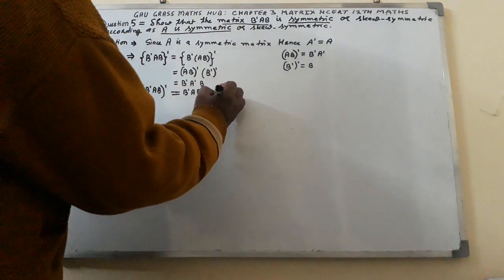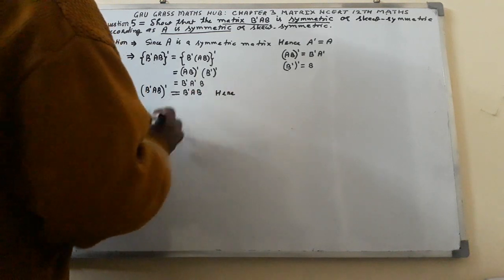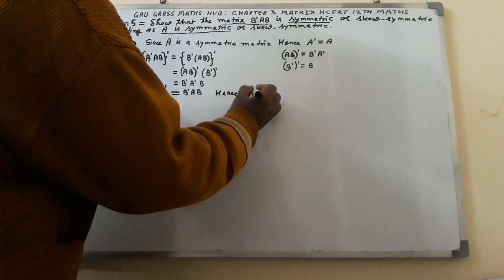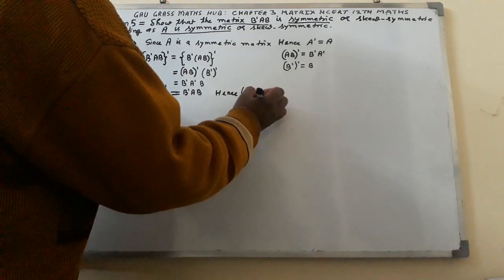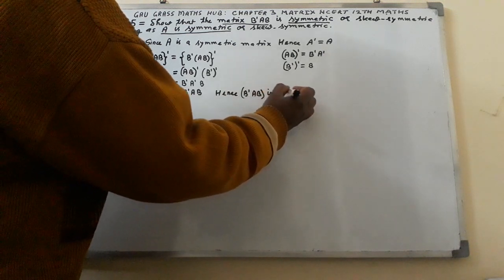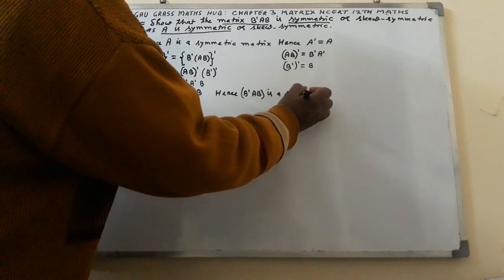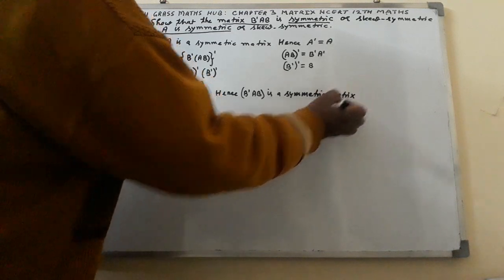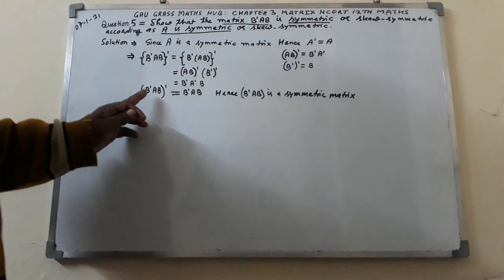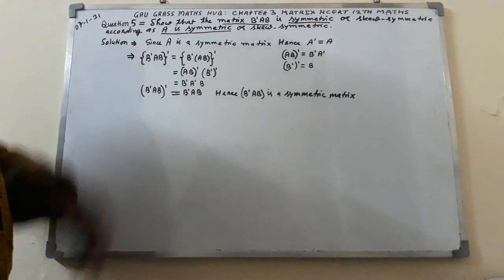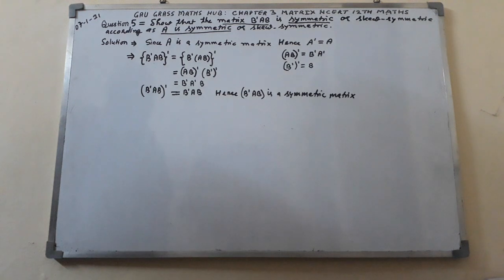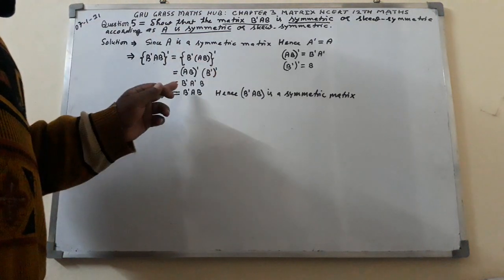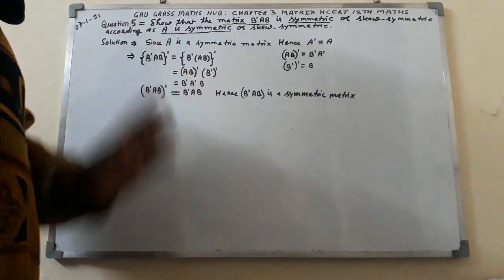Hence B dash AB is a symmetric matrix. This result you will get. In this way it will be written.